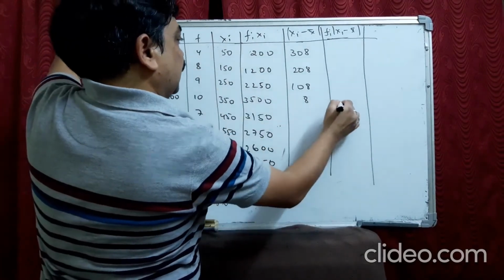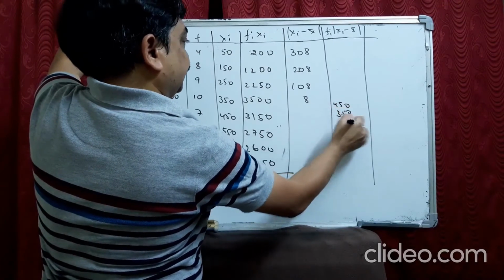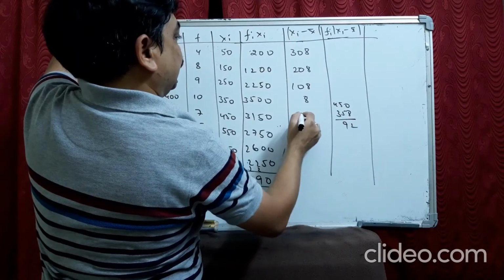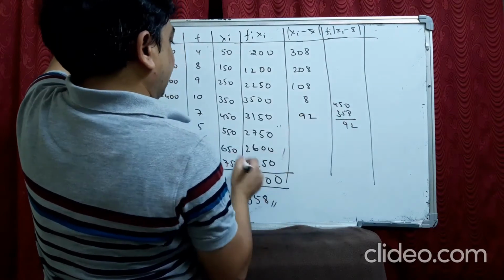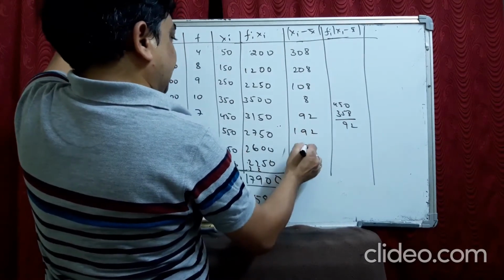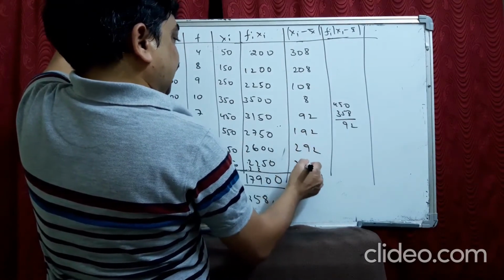It is 92. 550 minus 358, 192. 650, 292. 750 minus 358, 392.